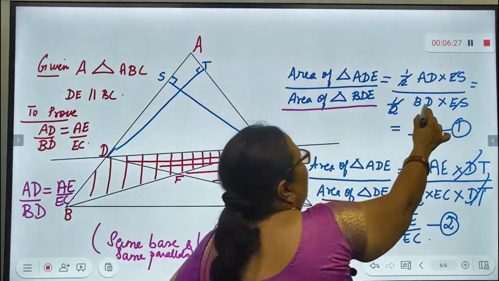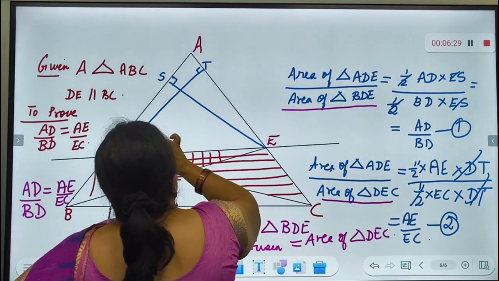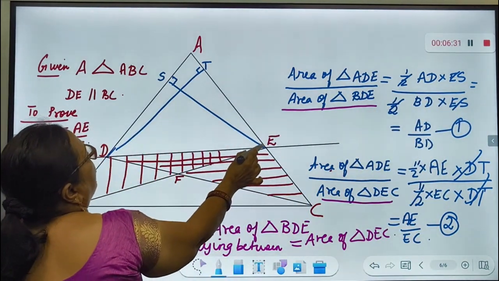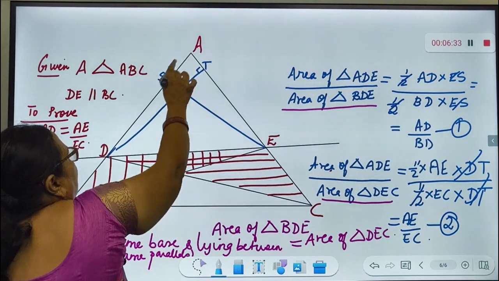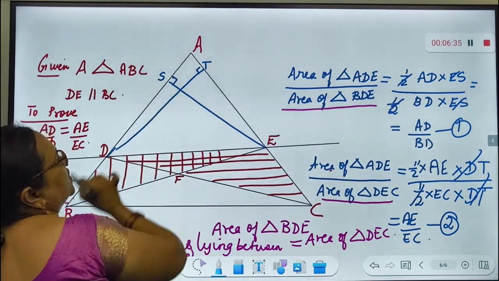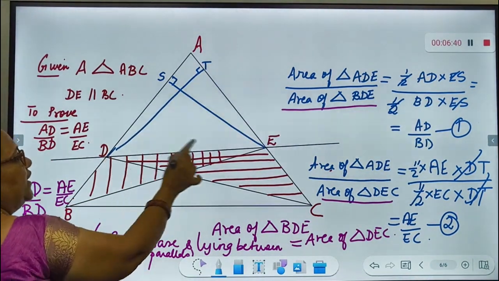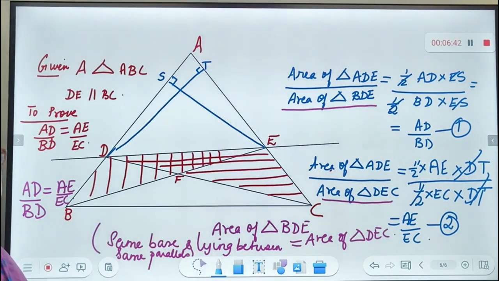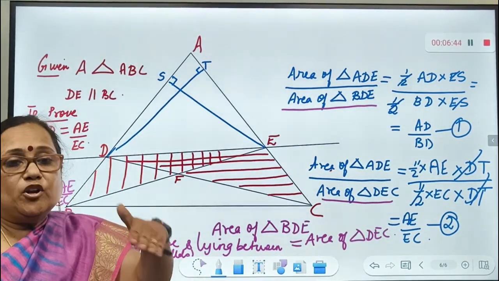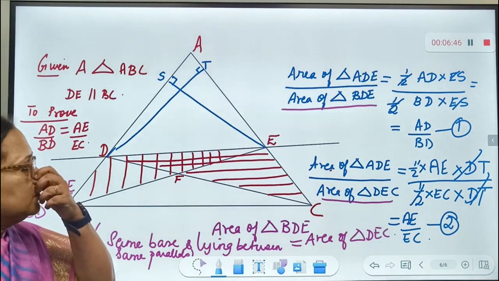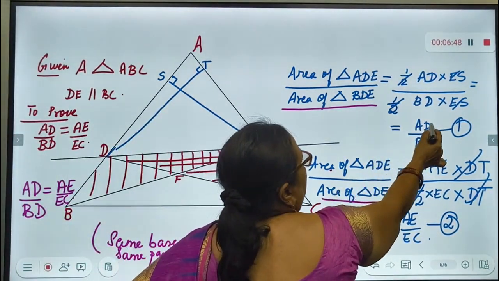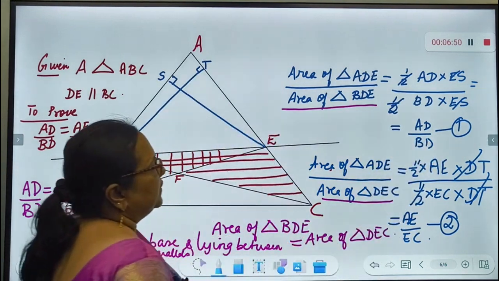It will be half into AD into ES. What is ES? It's a perpendicular drawn from E to this side. So half into AD into ES. For this triangle, half into BD into again ES. For an obtuse angle triangle, the perpendicular will lie outside. That's how you get AD by BD.